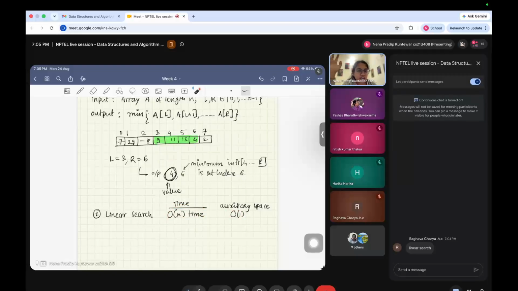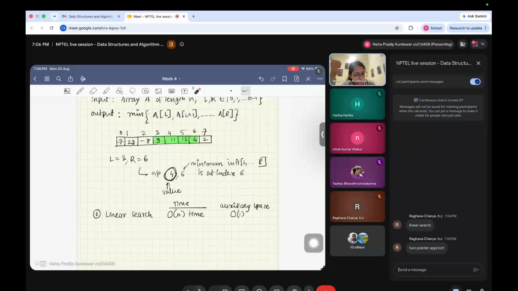But I'm not happy with it, because what if I don't have one query, I have thousands of queries, and they keep on coming one after the other? Let's imagine that this is a huge array of very, very large size, and these queries are very frequent.